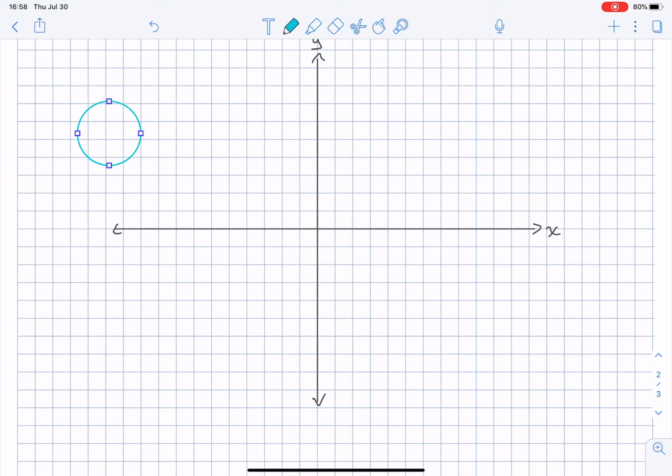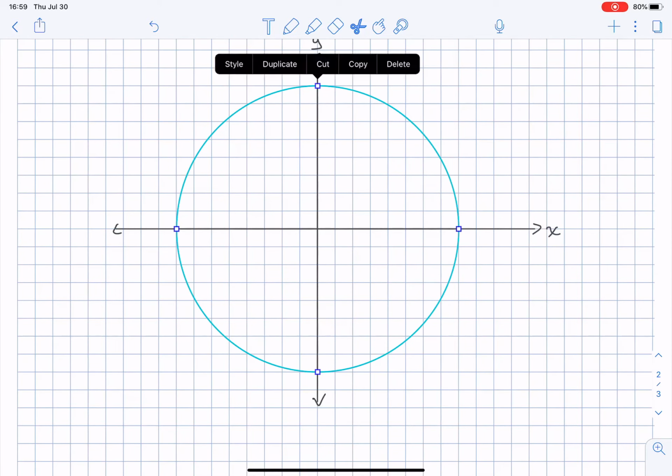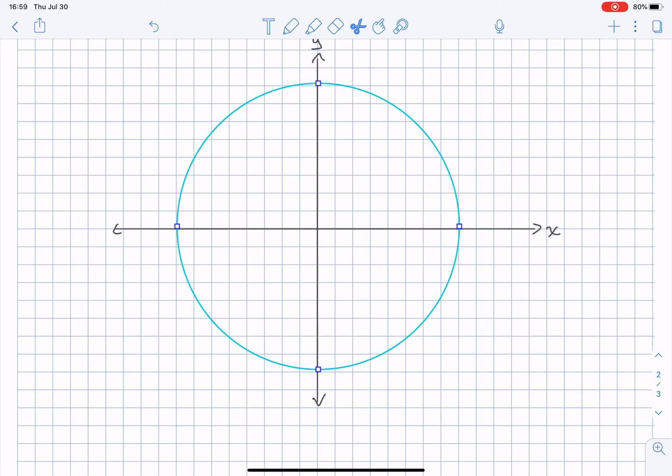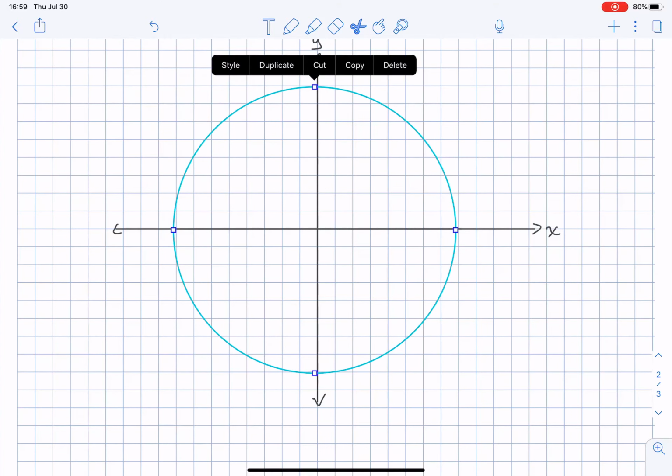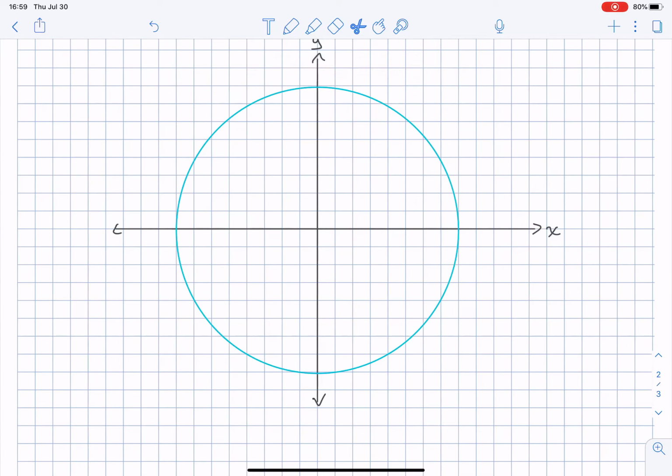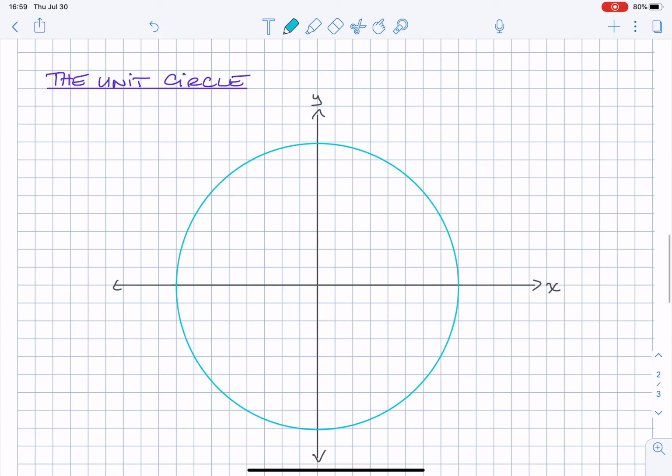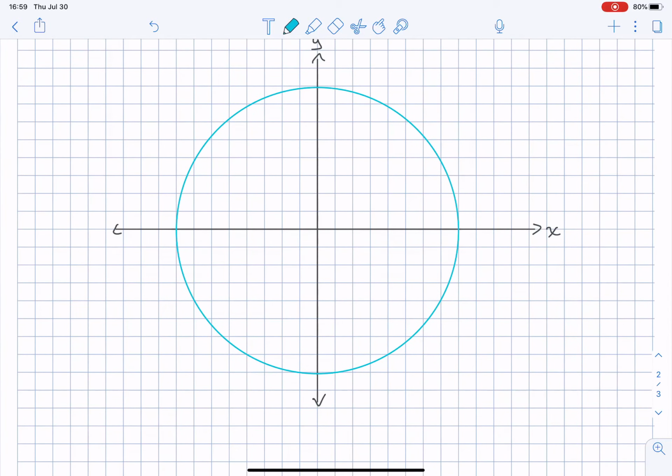Start off with a small circle. Bring this over here and make it larger. Oops, no. Why is it not on? There we go. Okay, so let's do our 45s first. Those are the easiest to draw because they're along the main diagonal.